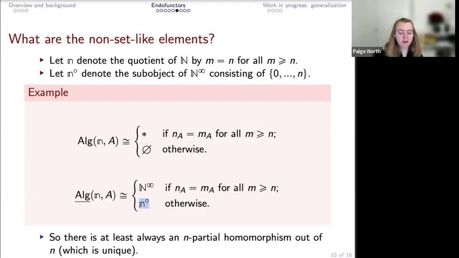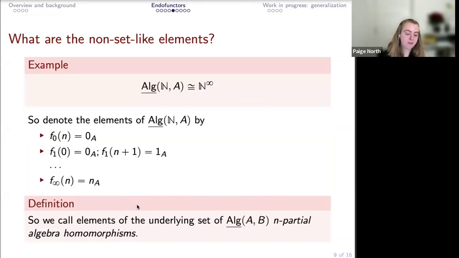I didn't add any explanation about this, so I'll just say it in words. If we think about the previous slide, let me actually go back to it. Here we're inductively, in some sense, building up this algebra homomorphism that always exists from the initial algebra n to A. And what's happening in the slide after this is that this inductive process is going to fail exactly at n when A doesn't have this kind of relation.